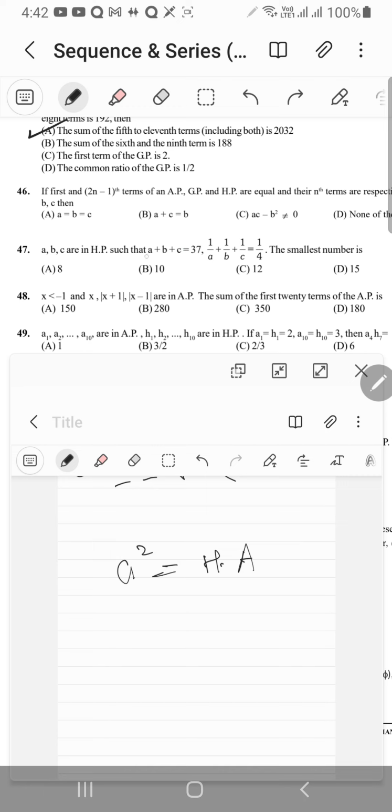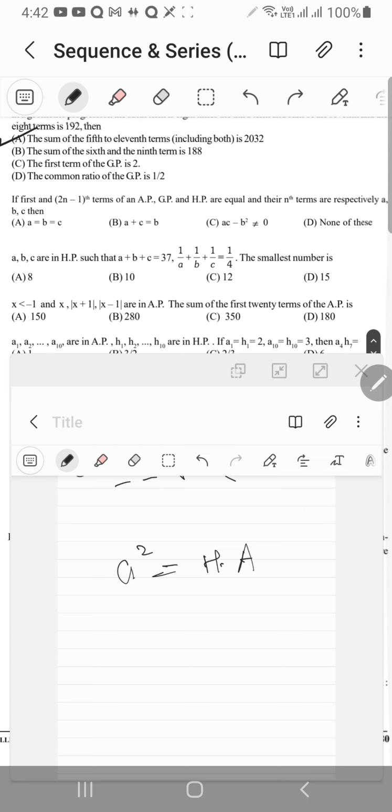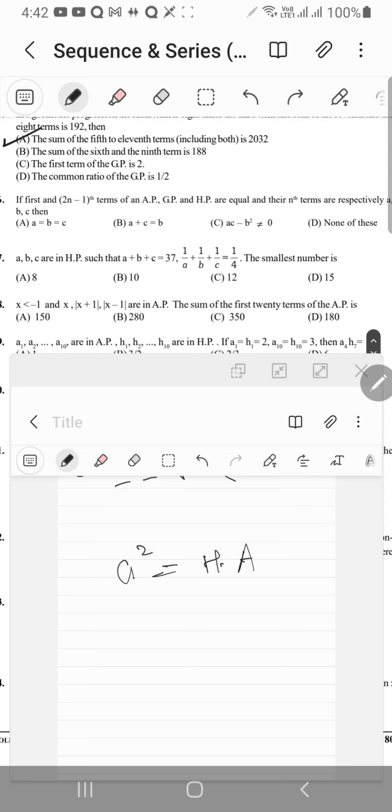So that means, wait, why is this incorrect? The geometric mean is B, arithmetic and harmonic are A and C. That means B squared equals AC, right? But they gave this as wrong, which means they want us to choose none of these, right?